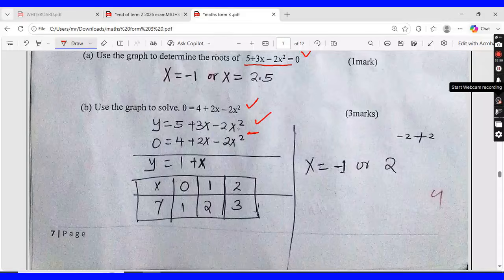No. For example, if here it was 2x and then negative 2x, if you subtract, it would be negative 2x, negative 2, and 2 minus 2.